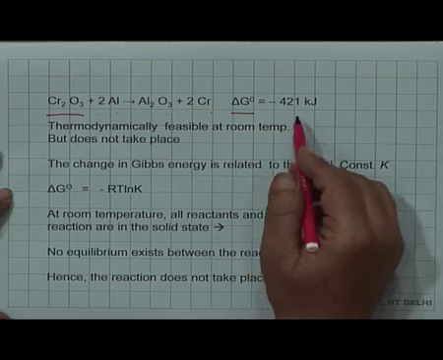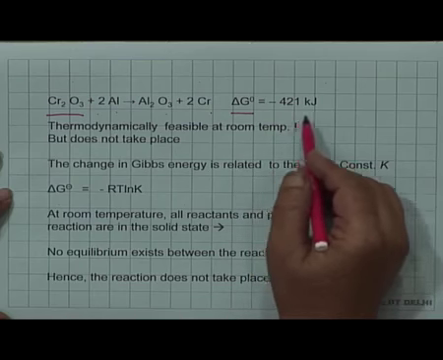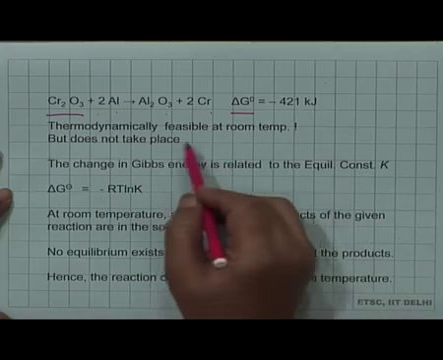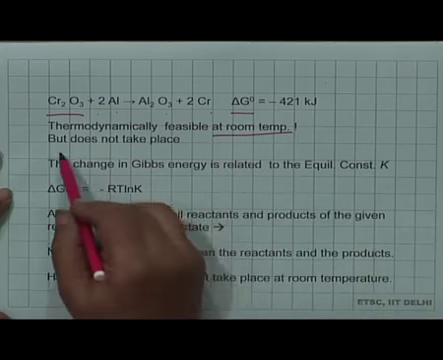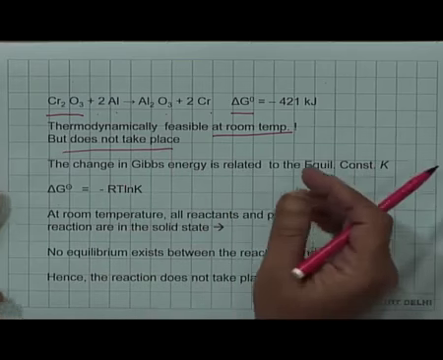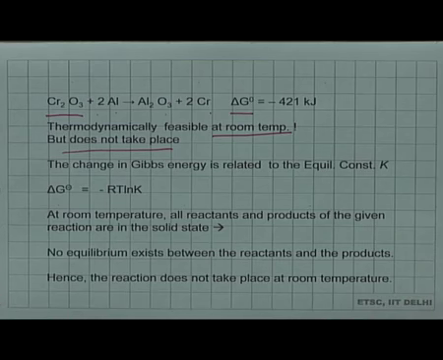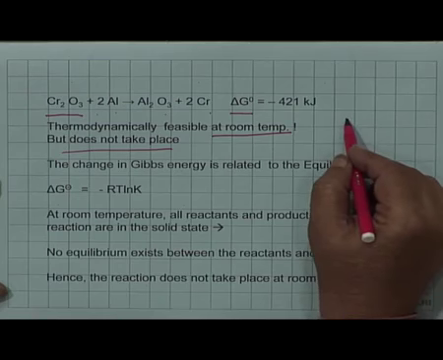What does it say? If the delta G value is negative and its magnitude is so high, then it says that the reaction is feasible at room temperature. So, what should happen? You mix chromium oxide with aluminum and you should get pure chromium, and aluminum should be converted into aluminum oxide, but this does not happen. So, the question is why?